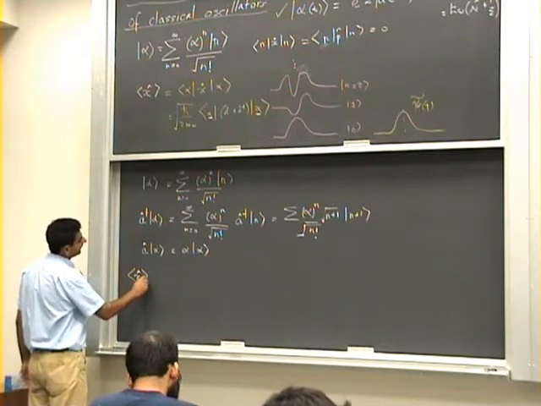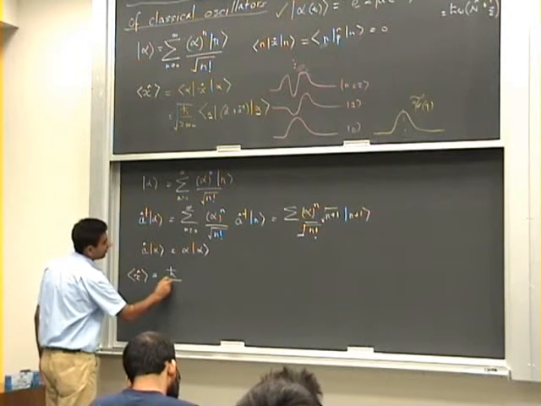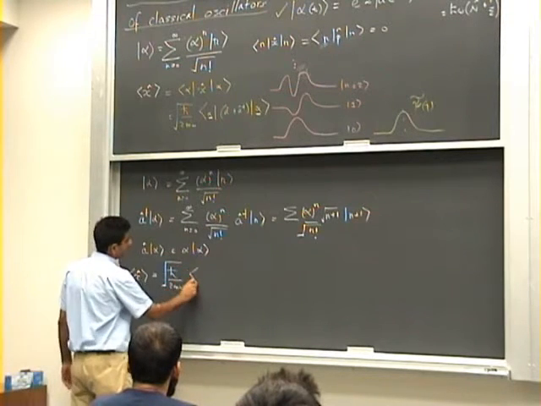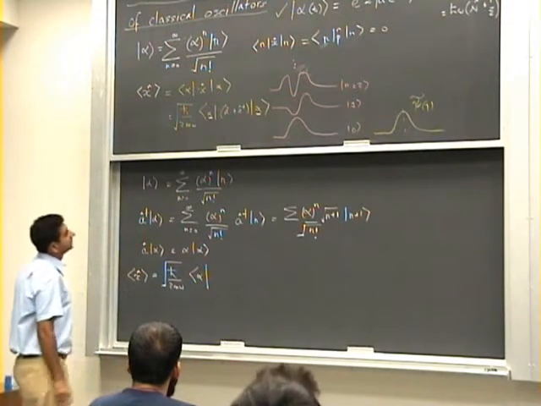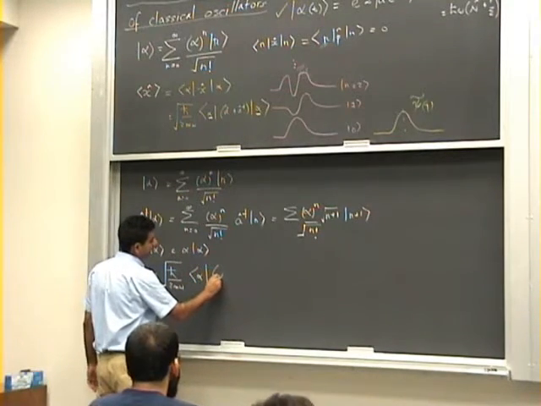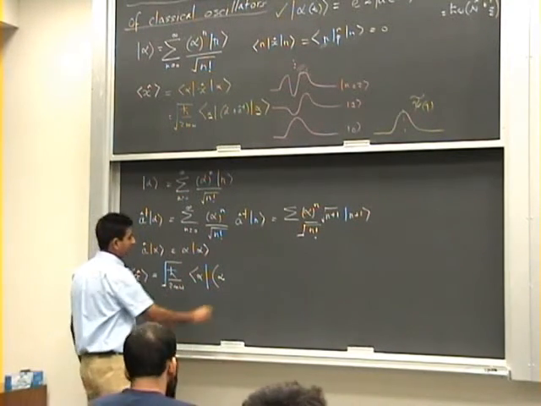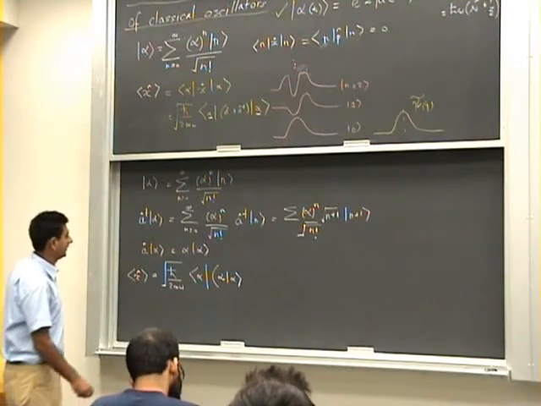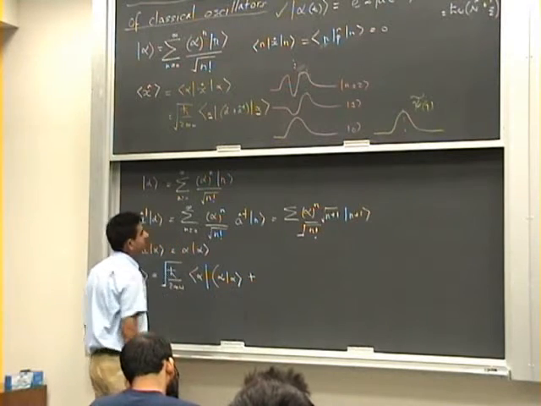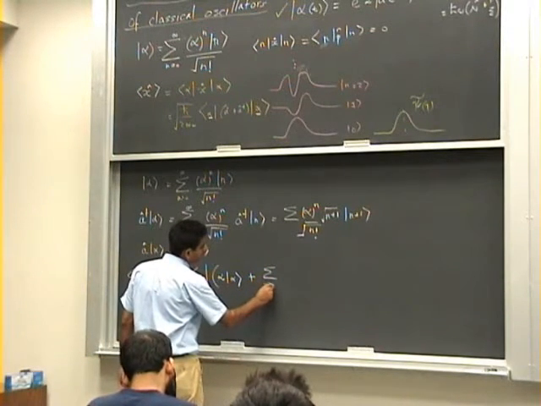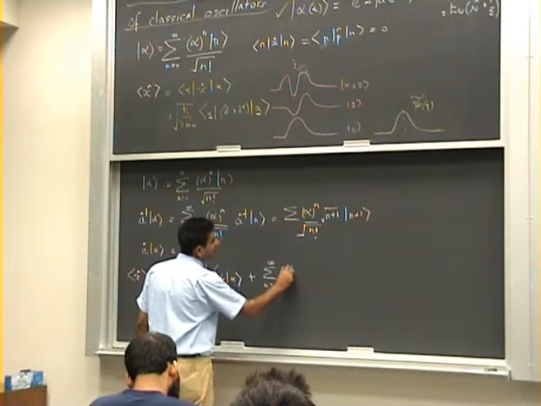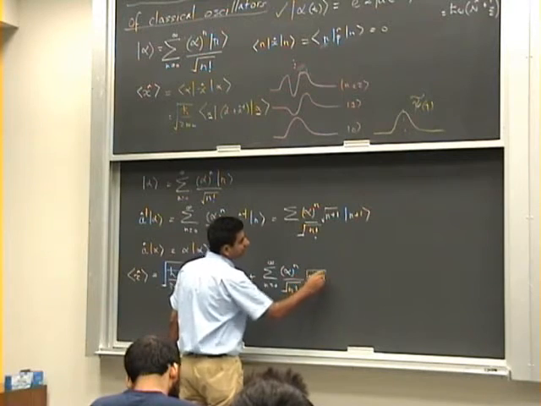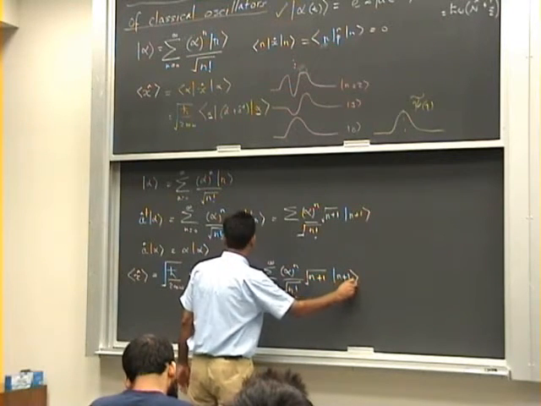The expectation value of x turns out to be h bar over 2m omega, times alpha times bra alpha ket alpha, plus the sum from n equals 0 to infinity of alpha to the power n over the square root of n factorial, times the square root of n plus 1, ket n plus 1.